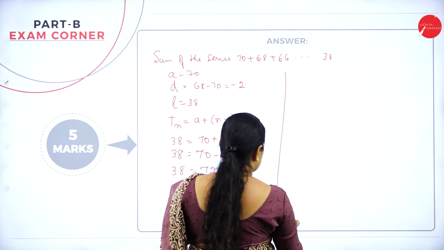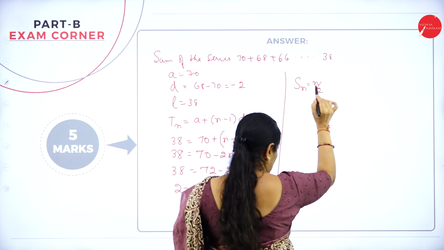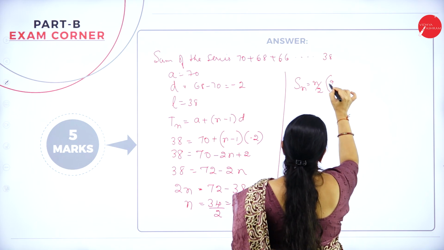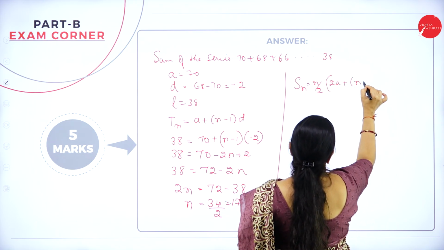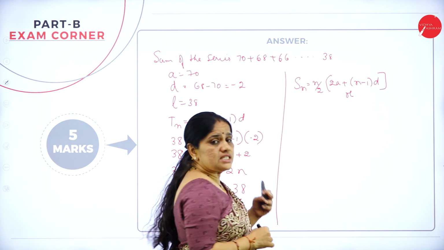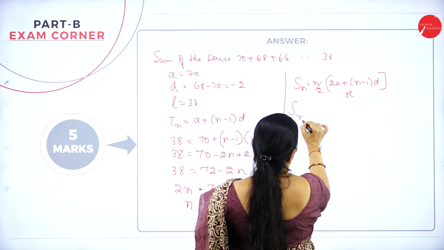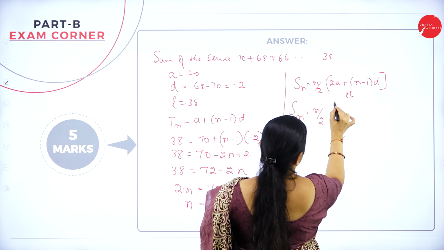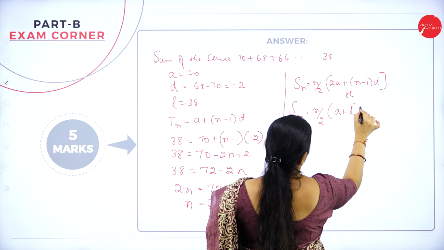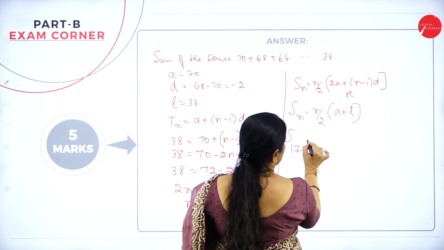Now we find the sum. Sn equals n by 2 into (2a plus (n minus 1) into d), or since we know the last term, we can use the formula Sn equals n by 2 into (a plus l). So we know that n is 17.